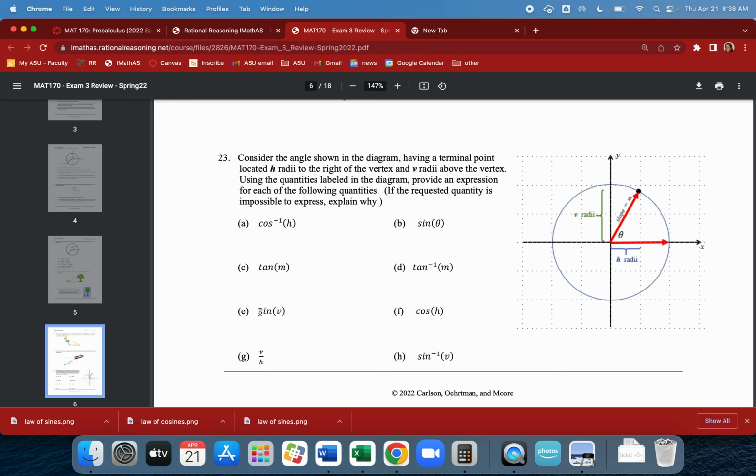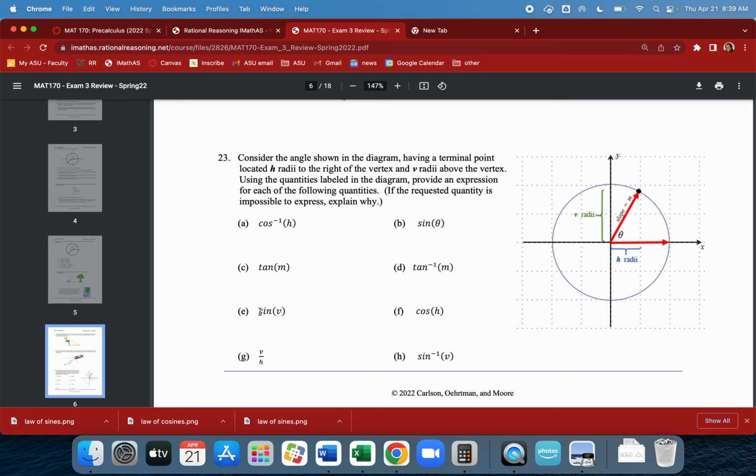We only have a few minutes left here, but this 23, consider the angle shown in the diagram with terminal point located h radii to the right of the vertex and v radii above the vertex. So that's h for horizontal and v for vertical, in case you were wondering about that. If you want to call them x and y, you certainly can, but the reason they use h and v is because this way it's not how many units it is, we're measuring in radii or radius lengths.